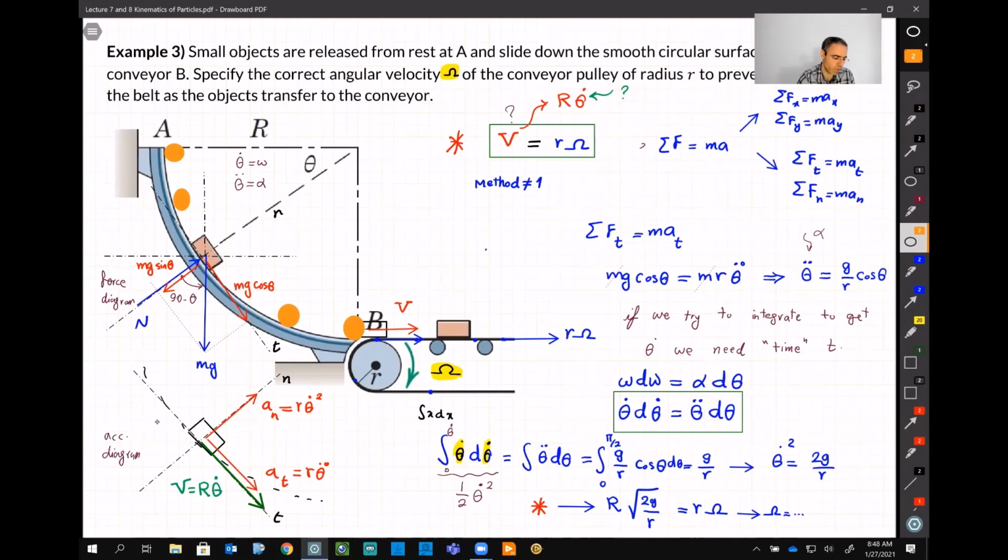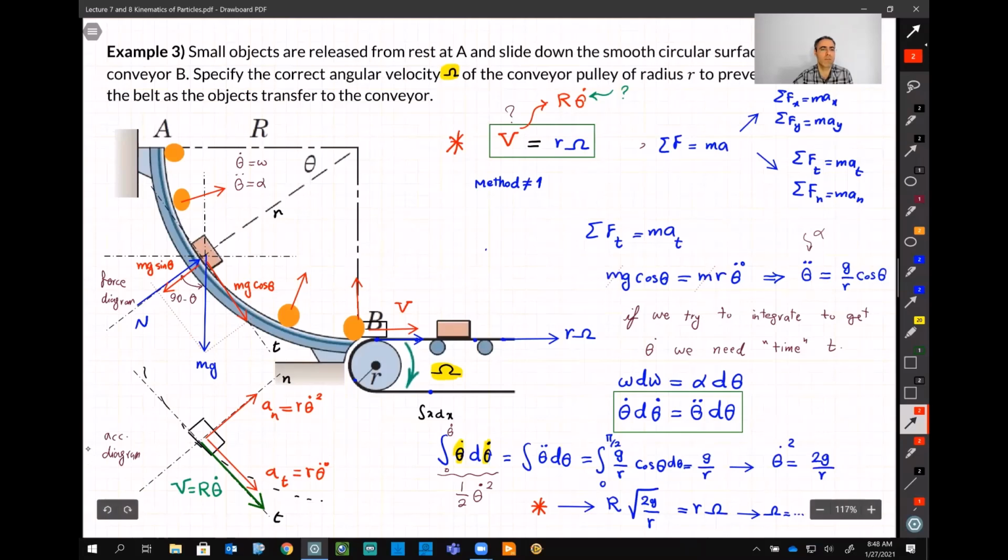Here, if you want to draw the acceleration, at any moment it is toward the center. I just don't understand why the previous one is spinning and this one is just sliding down from A to B. This is because of the type of question that we have.